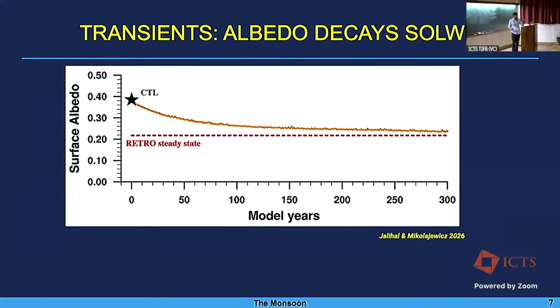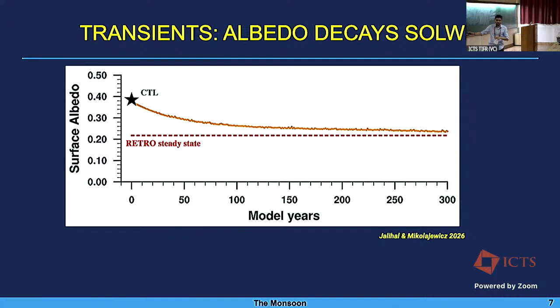So a quick look at how albedo evolved in this simulation. The star here represents the albedo in the control climatology over Sahara. The x-axis is model year. I'm showing only the first 300 years. The model was run for 8,000 years, so this goes on for a very long time.